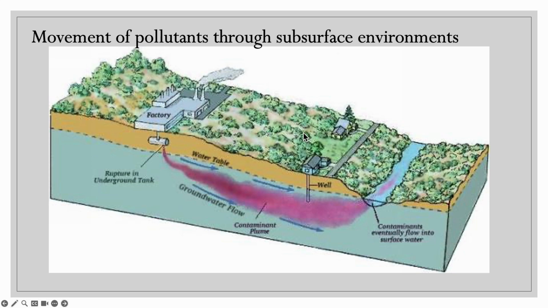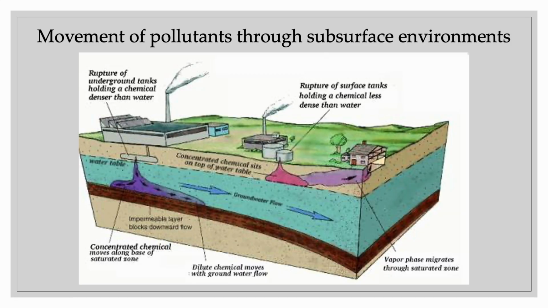Because everything on the surface, this factory looks like it's doing everything it's supposed to, but we didn't know that there was this tank that ruptured and is now contaminating our subsurface or our water table. Again, just another look. And so this goes into how we ensure that these storage tanks beneath the surface don't contaminate our groundwater flow.